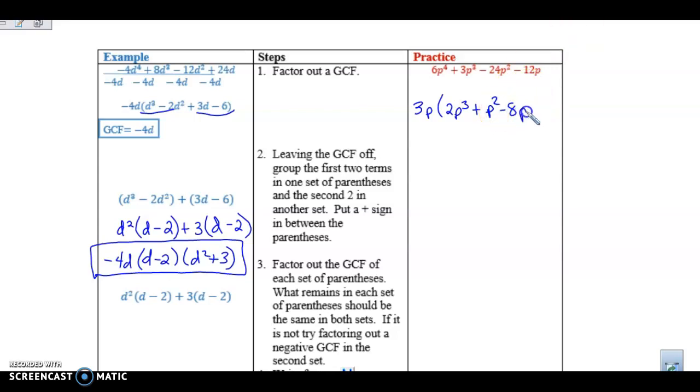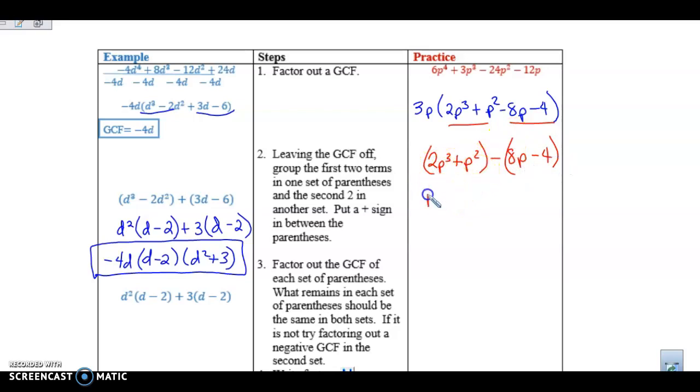Minus 8p minus 4. Now I can split them. And so I'm going to get 2p to the third power plus p squared, minus 8p minus 4.